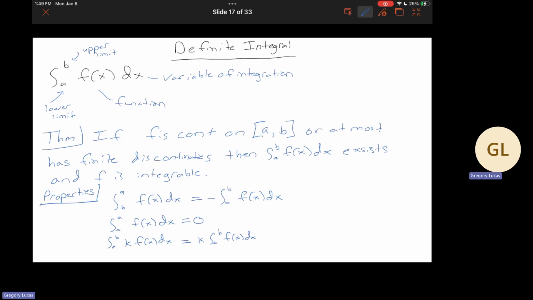If I add or subtract, so the integral from a to b of f of x plus or minus g of x, it's the same thing as taking the integral of the first one plus or minus the integral of the second one. These all would need dx.